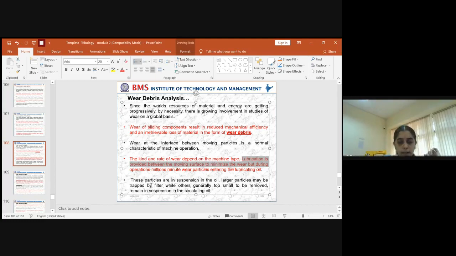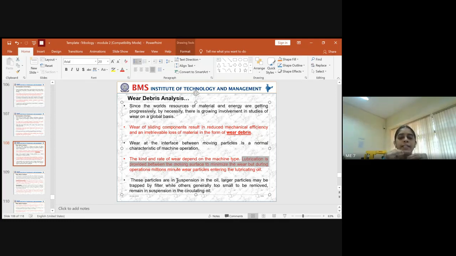Suppose you have lubricant oil and you have some asperities within the oil. That also results in the formation of some type of wear. The particles might be a little bit larger, because in oil we use additives. Why do we use additives? So that it makes the lubricant chemically active.